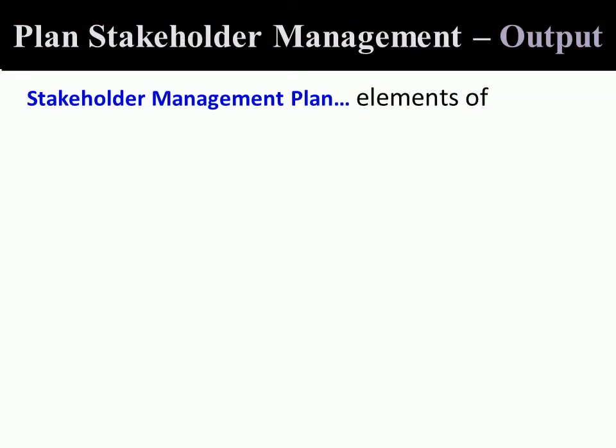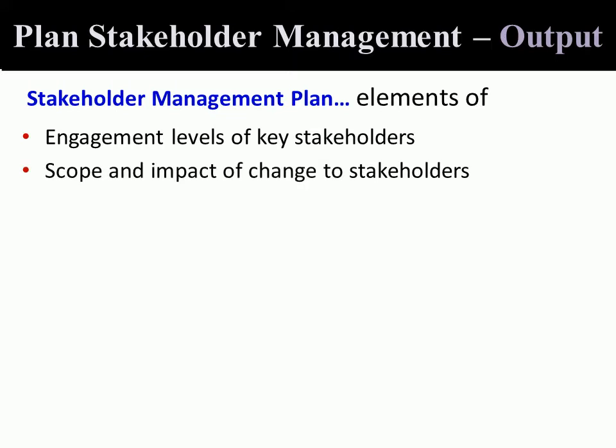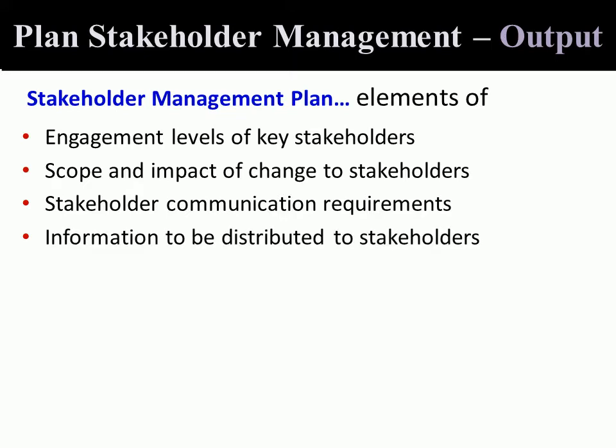So the output of stakeholder management is a stakeholder management plan, and the plan has the engagement levels of the key stakeholders, that is, a strategy for how you would engage these stakeholders, the scope and impact of change to stakeholders that you're looking to make, and what the communication requirements for these stakeholders are. Are we planning to be in contact with them weekly, monthly, quarterly, as well as the form of distributing such information?